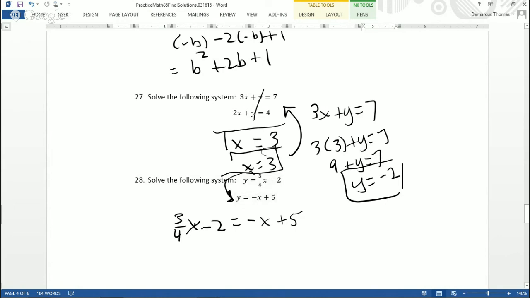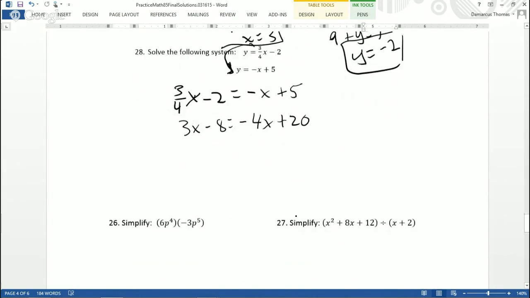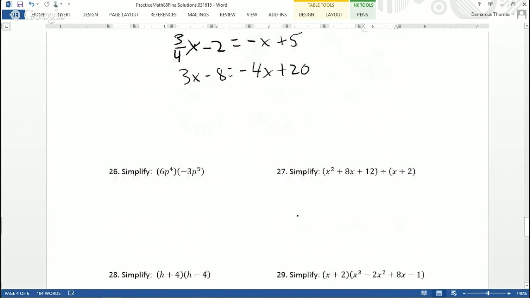You're setting them equal to each other. Multiply both sides by 4. We could eliminate that. We'll get 3x minus 8. Now if I add 4x to both sides and add 8 to both sides, I'd get 7x equals 28, and x is 4.